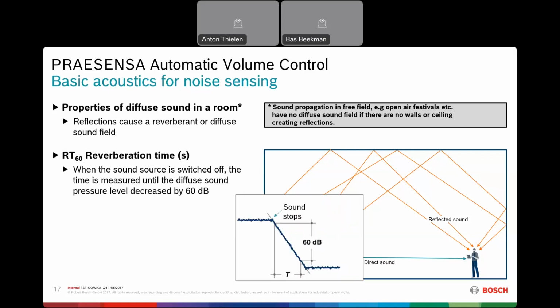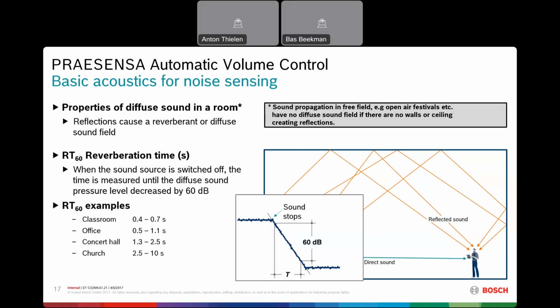We measure this with a sound source, which you then switch off, and then measure the time until the diffuse sound pressure level has decreased by 60 dB. So from one point you stop the sound source and wait until the sound has dropped by 60 dB, and that time is what we call the reverberation time, RT60.